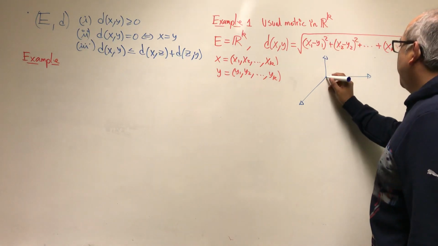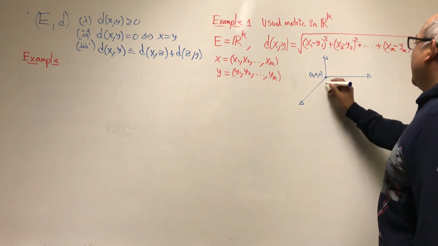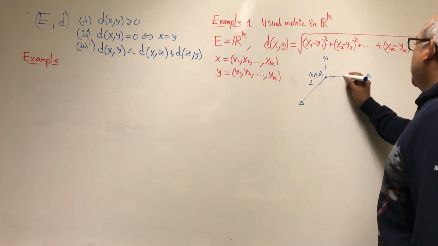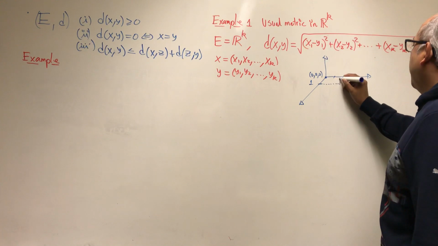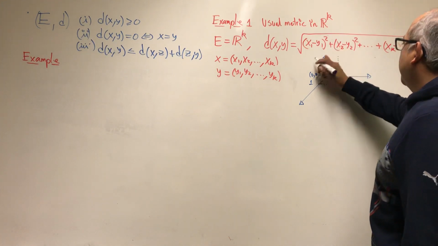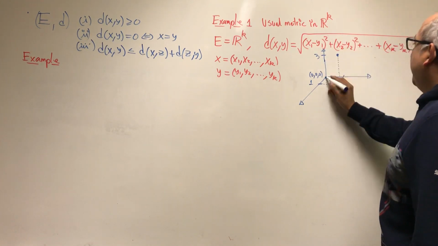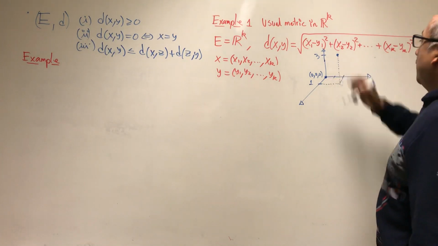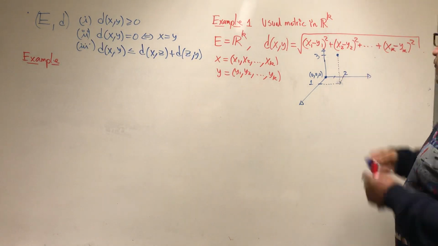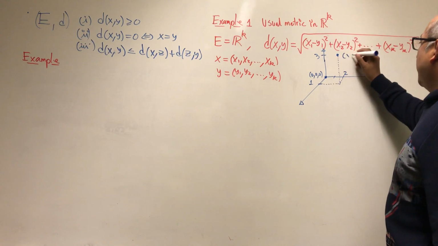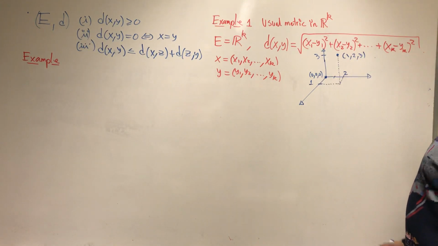So the distance, for example, from 0, 0, 0 to 1, 2, 3: that point right here, the distance from the origin to (1, 2, 3), is nothing but subtract the first entries, 1 minus 0, and square it, that's 1.